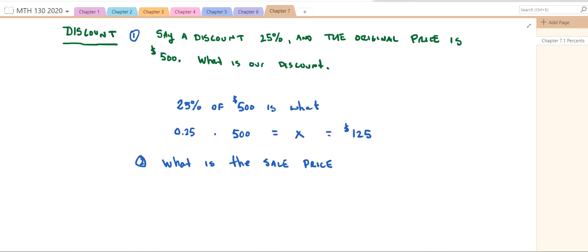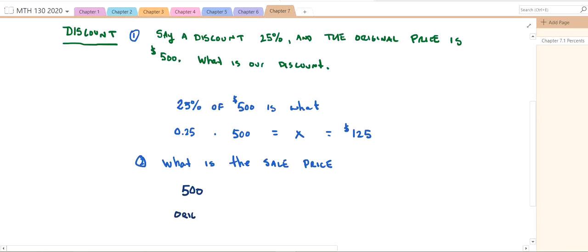So we can go a step further and we can ask, what is the sale price? Well, if this thing is being sold at $125 off, then our original price starts at $500.